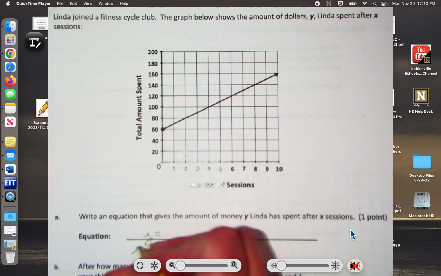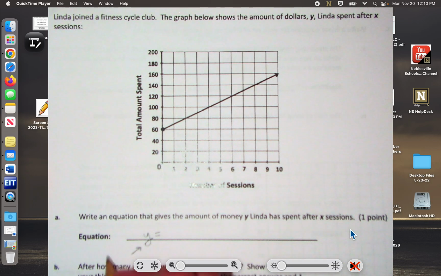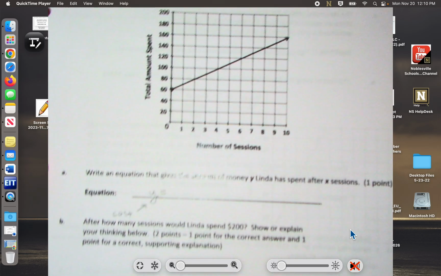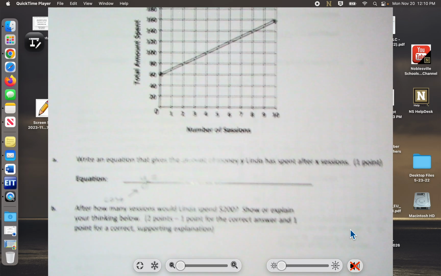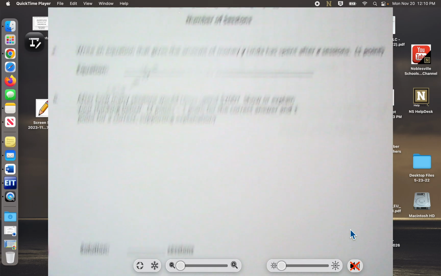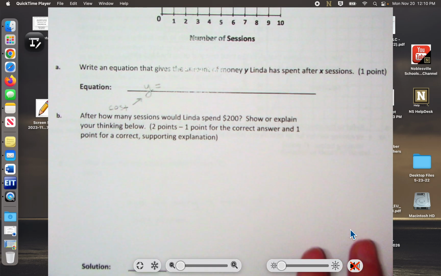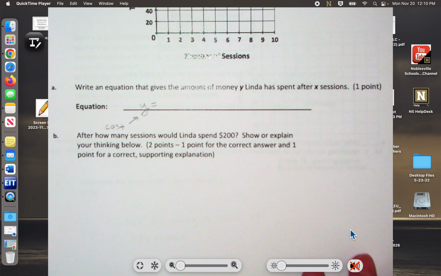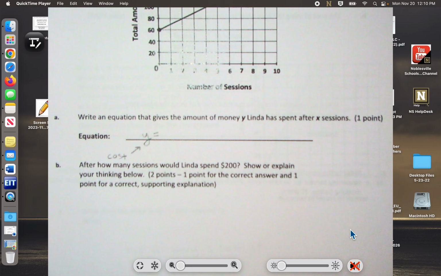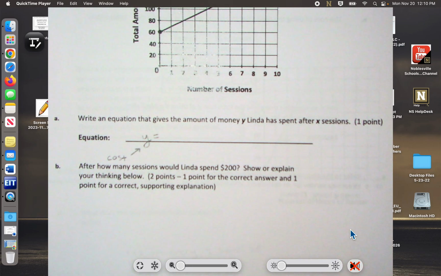Remember that y is the cost. And then we're going to have to use this graph to help us figure out how much each session costs.